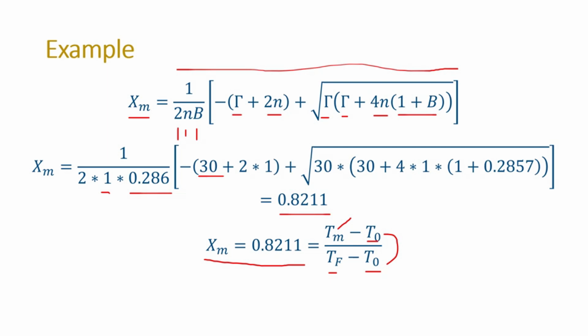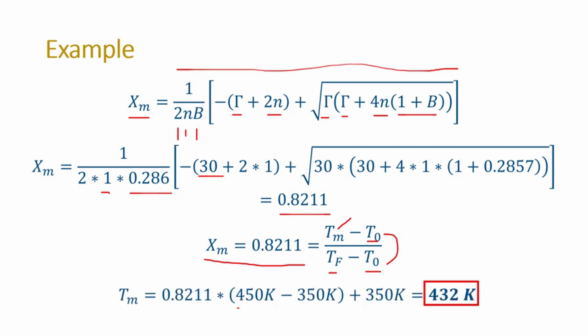And so plugging in for our TF and our T sub 0 and the conversion, we can solve for this temperature at the maximum self-heat rate, and we get the solution that it occurs at a temperature of 432 Kelvin.